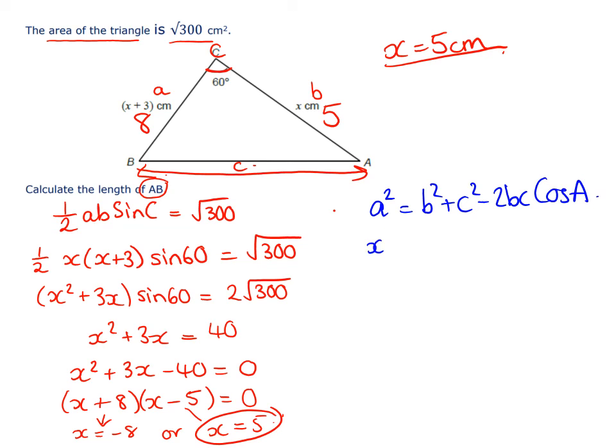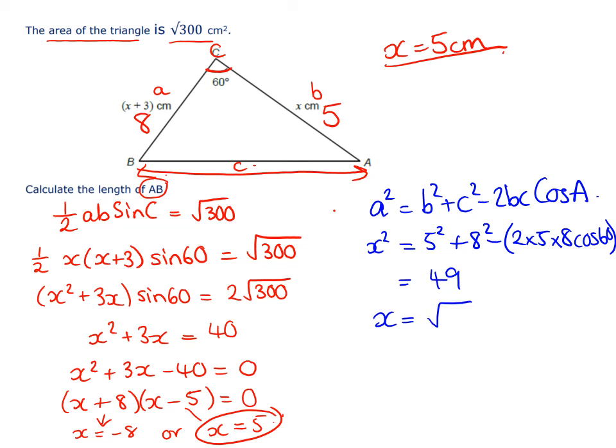And I want to work out what A is, and I want to just substitute in my numbers, which are 5 squared, 8 squared, and then brackets, remember, 2 times by 5 times by 8 times by cos, and this time it's 60. So I'm just going to work all that out, and it works out really nicely to get the answer 7.